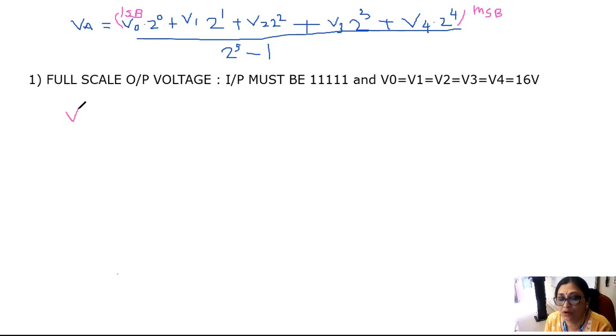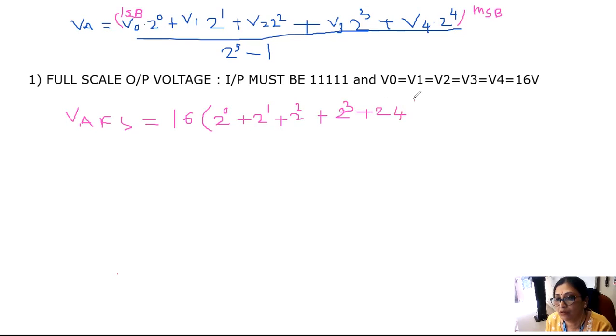So let us call it VAFS. And as all voltages are equal and they are all 16 volt, so we can take 16 into common, and into bracket you can write 2 raised to 0 plus 2 raised to 1 plus 2 raised to 2 plus 2 raised to 3 plus 2 raised to 4.